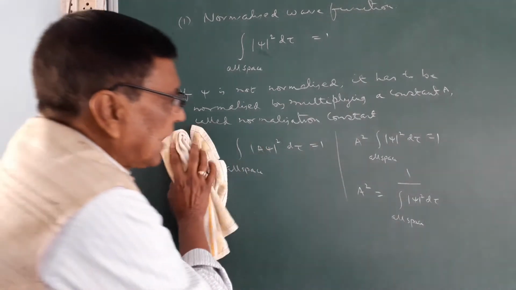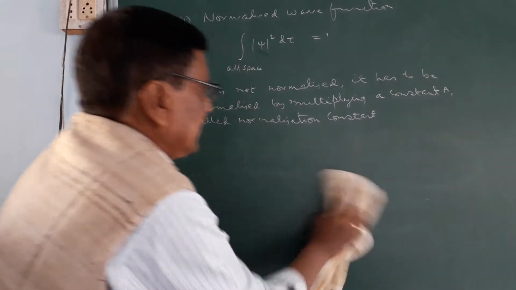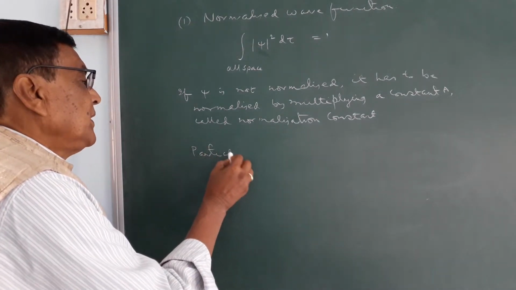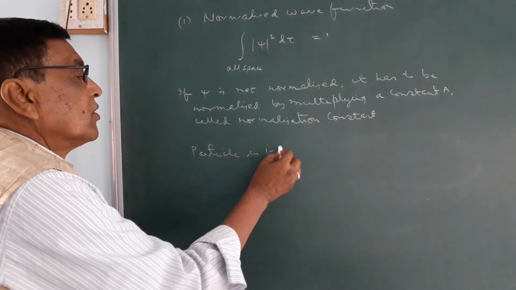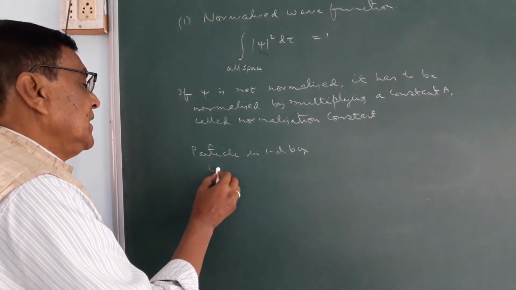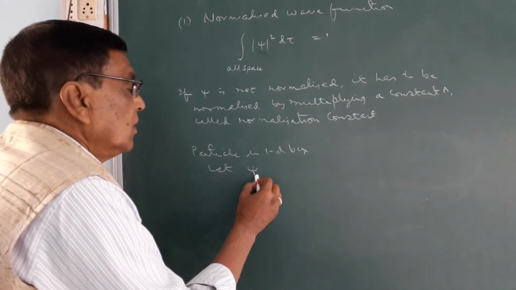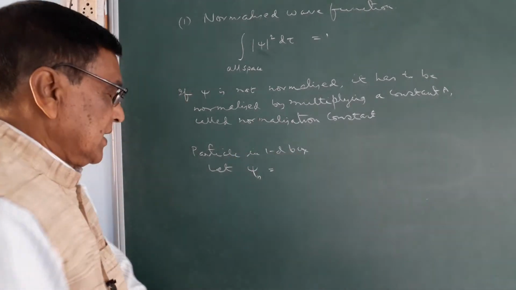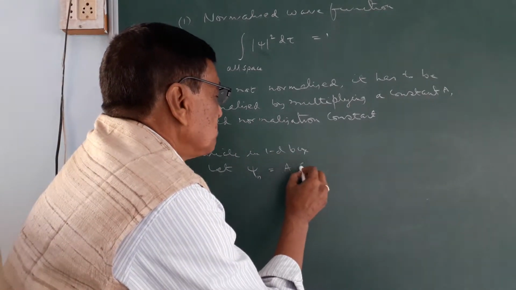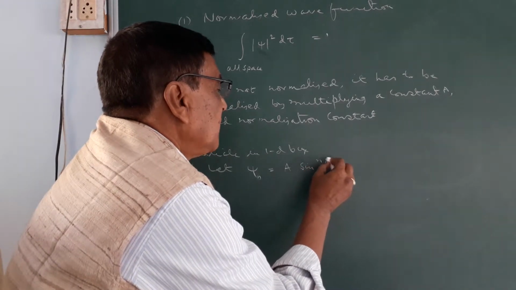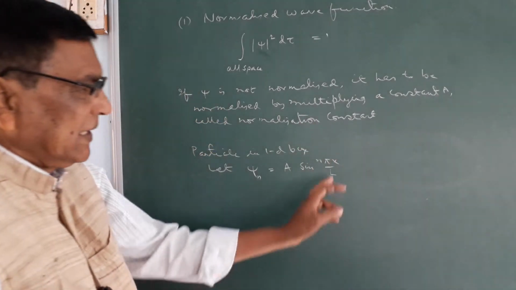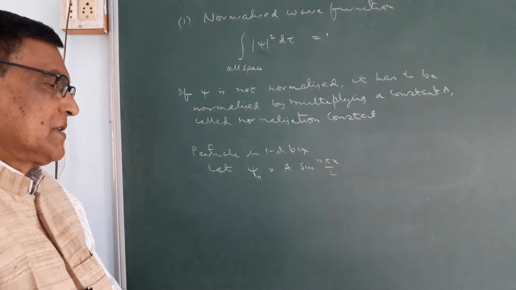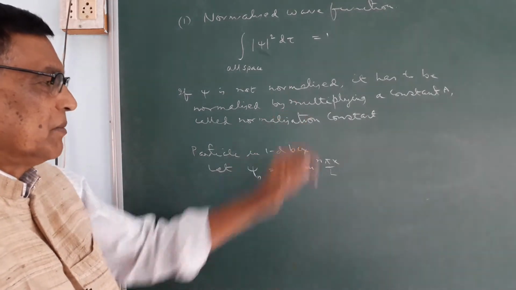So I can cite one example: a particle in a 1D box. Let the psi of the nth state be equal to A sine n pi x by a, where a is the length of the box within which the particle is free to move, and A is the normalization constant.